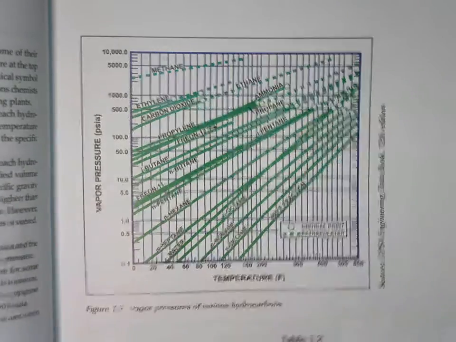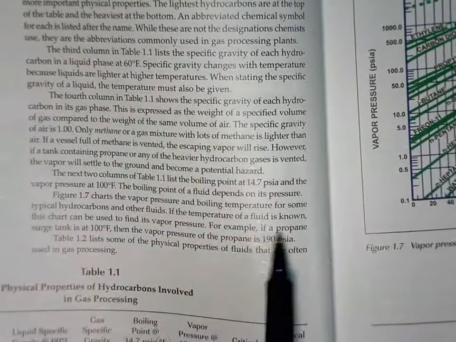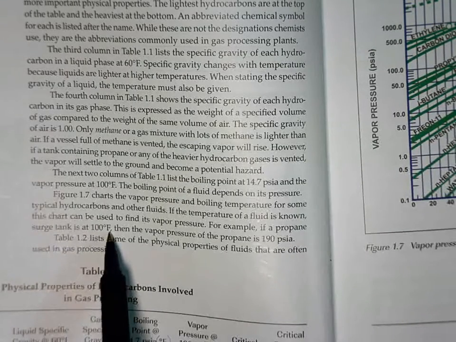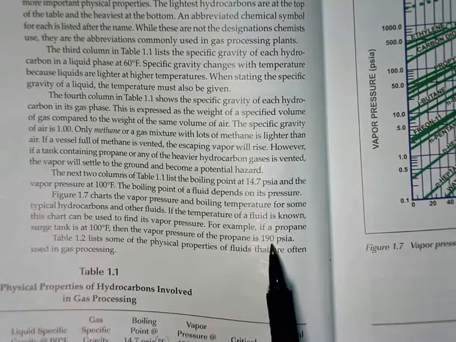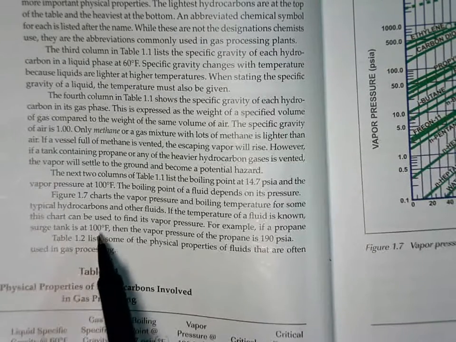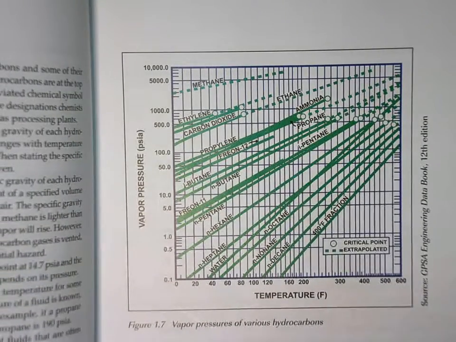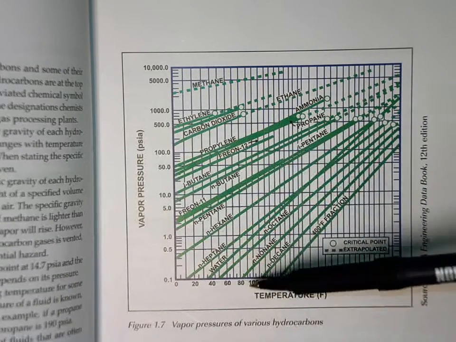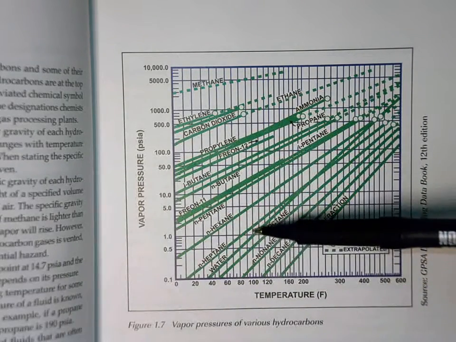The example that's given in your book over here, propane in a surge tank at 100 degrees Fahrenheit, the vapor pressure is 190. So how did they get that? Propane, 100 degrees Fahrenheit, 190 psi. You come over here, you find propane's here, you find 100 degrees down here, you follow this line up.